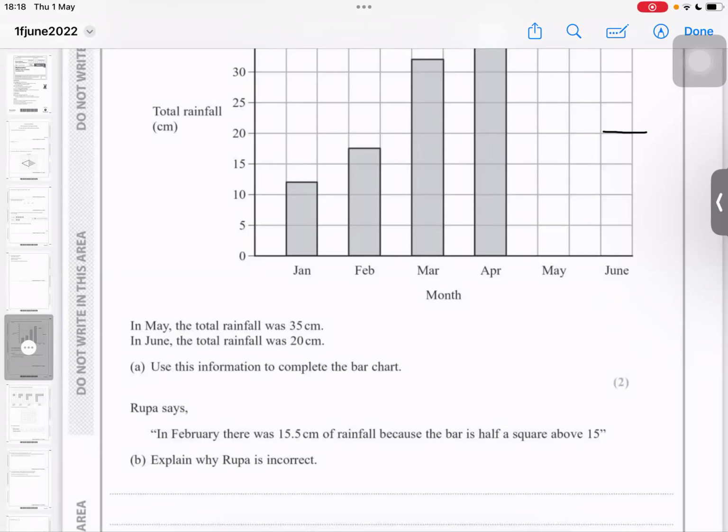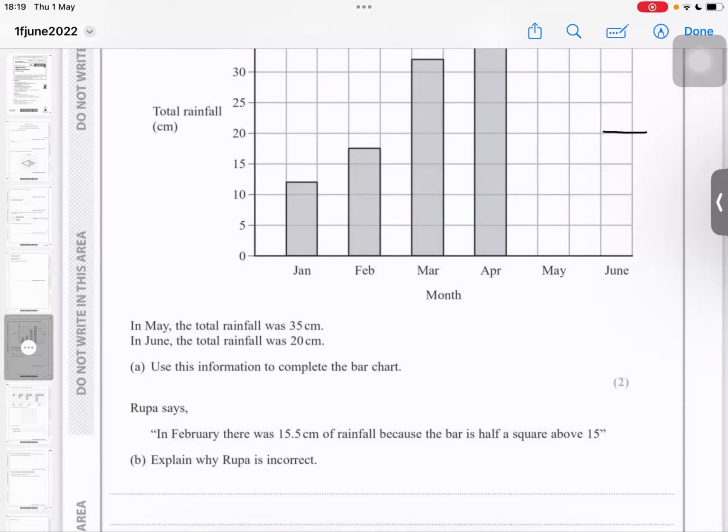For Rupa to be correct, then instead of 20 after 15, we would have 16. But obviously it's not 15, 16. Each box is not one. So Rupa is definitely incorrect.